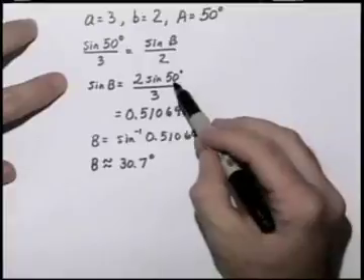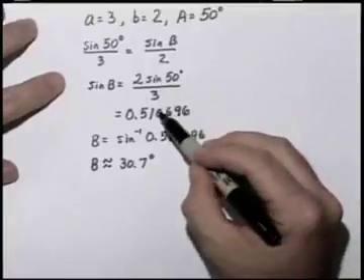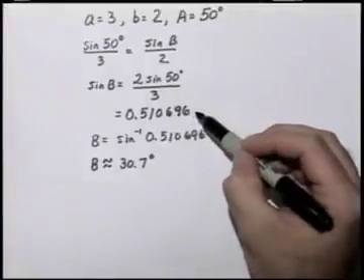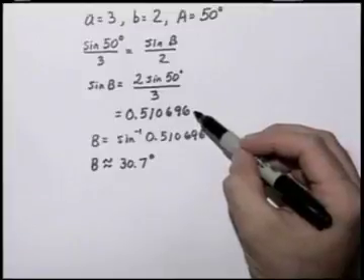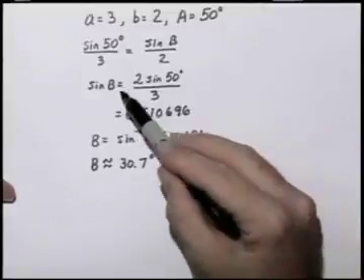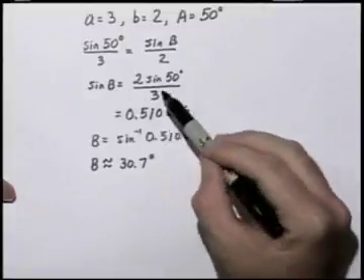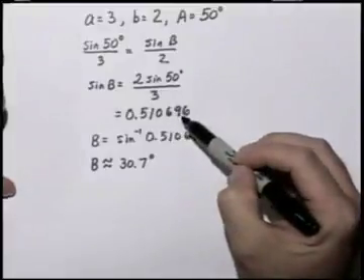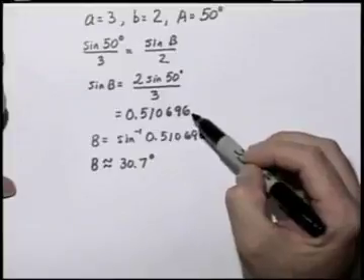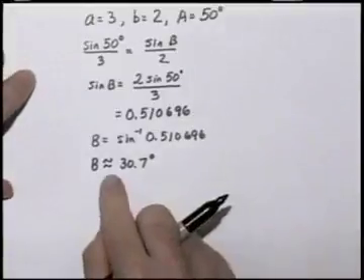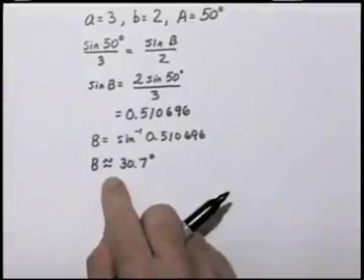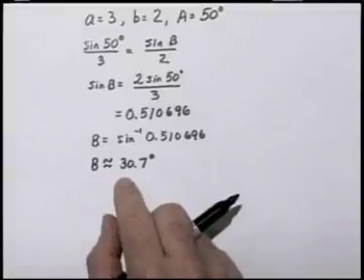Now, had this computation given me a quantity that was less than -1 or greater than +1, I would have no angle that gives me that result, because the range of the sine function is all real numbers between -1 and 1. As it stands right now, we believe that the measure of angle B is 30.7 degrees.